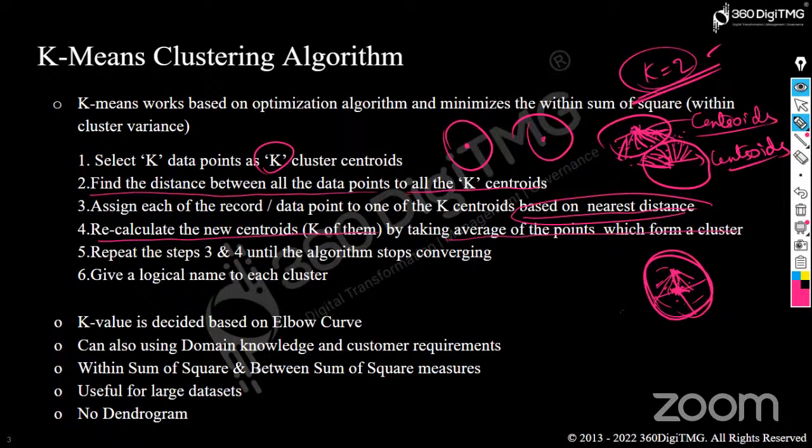So this is a centroid. By taking an average of the points, it will form a centroid and it will change. So you need to repeat the third and fourth steps until you get finished with the values.